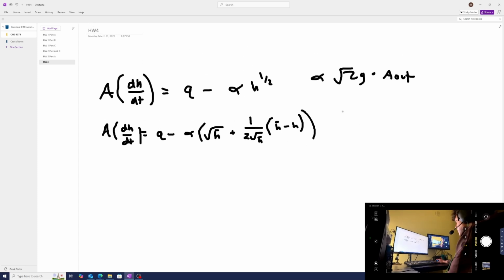And it's important to note that our deviation variable h prime is equal to h minus h bar, and our q prime will be q minus q bar.